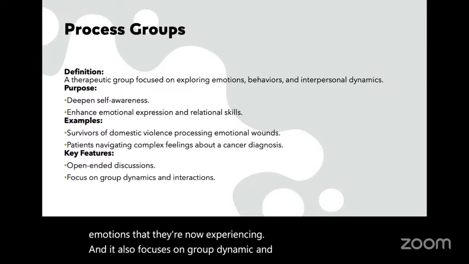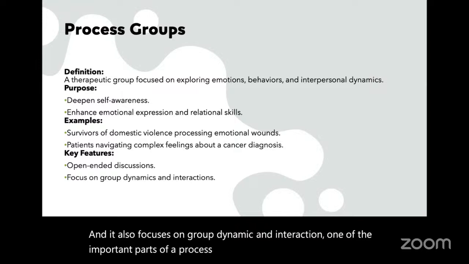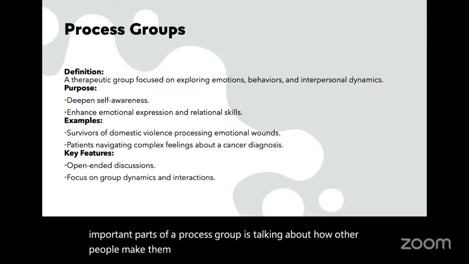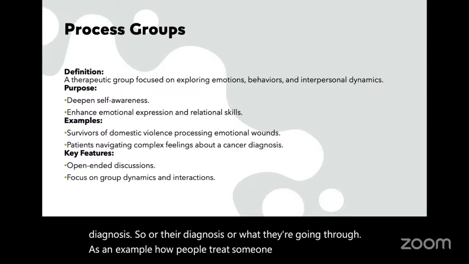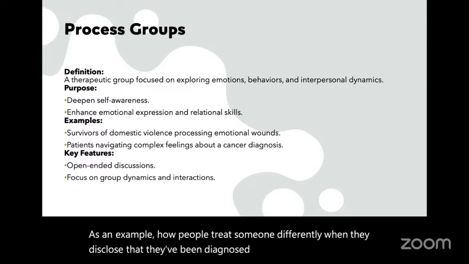One of the important parts of a process group is talking about how other people make them feel when they talk to them about their cancer diagnosis, or their diagnosis or what they're going through. As an example, how people treat someone differently when they disclose that they've been diagnosed with cancer.